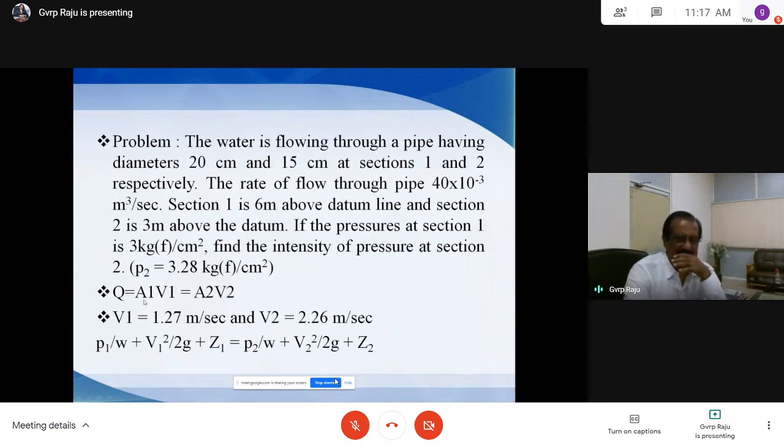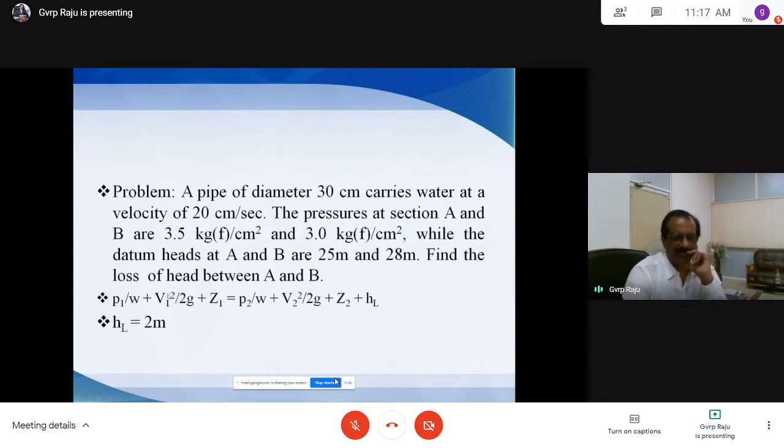As V1 and V2 are the same, V1 square by 2G and V2 square by 2G cancel.